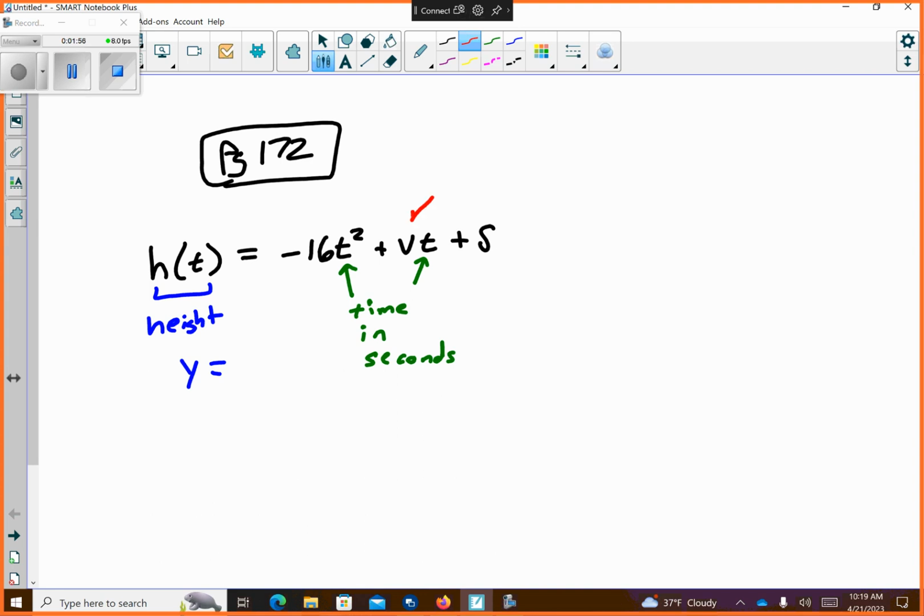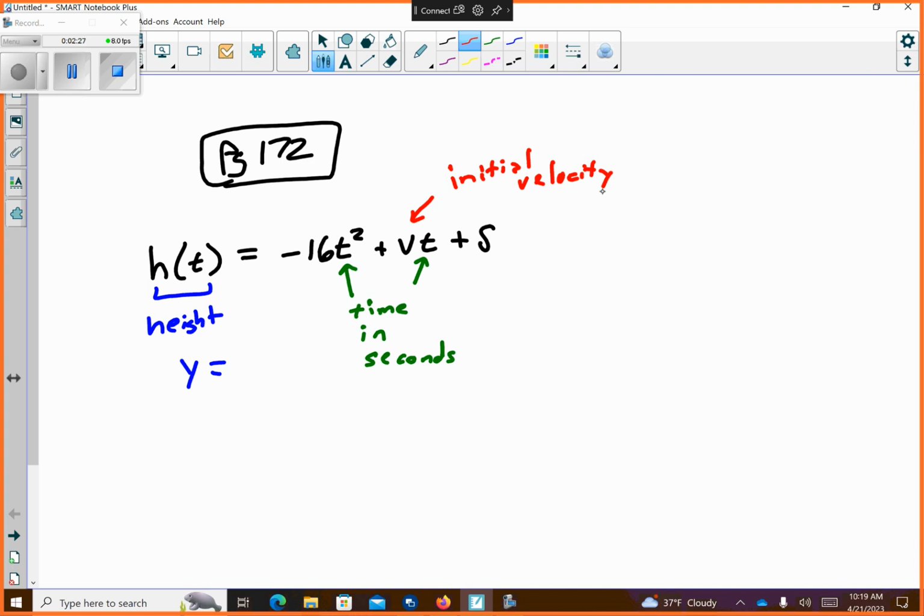This v is called the initial velocity. And you're like, what's this velocity you speak of? It's the speed of something. If I took this tennis ball right here and threw it up into the air, my arm and my hand are going to exert a certain amount of speed on the ball, and right as it leaves my hand, that speed is the velocity.